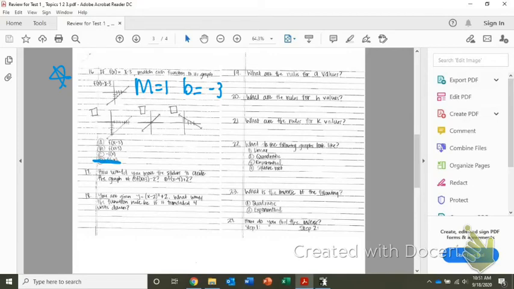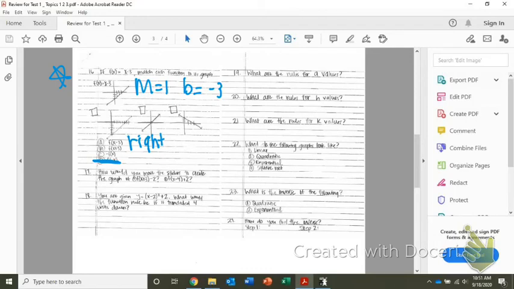All right? Now, A says f of x minus 3. Well, now you have to use your transformation rules. X minus 3. It's on the inside, so h value. When it says x minus something, that means we go to the right.